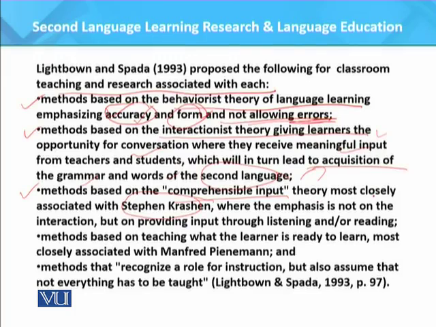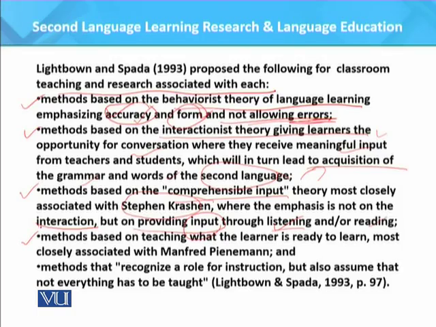It is the theory most closely associated with Stephen Krashen, where the emphasis is not on interaction but on providing input through listening and/or reading. So through listening and reading, you get the comprehensible input, and the focus is on providing learners with material which he or she finds easy to understand.